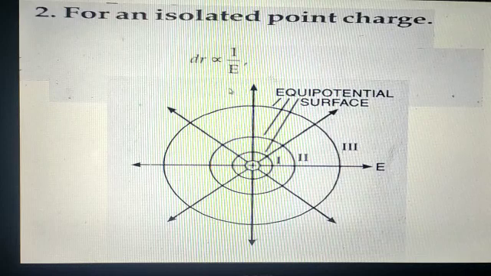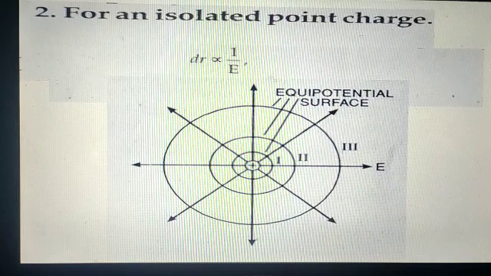Now we know E is equal to minus of dV by dr. That means dr is inversely proportional to E, that is the electric field. So for this positive charge, as we move away, the electric field decreases. That means as we move away, the value of dr will increase, that is the distance between the equipotential surfaces will increase.